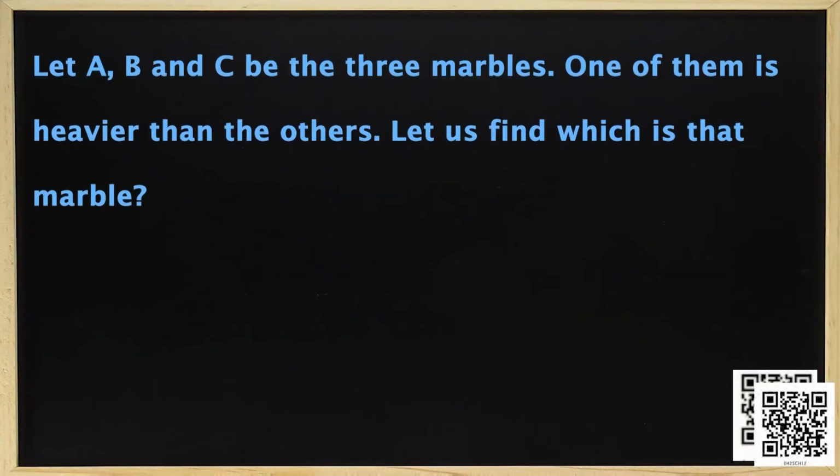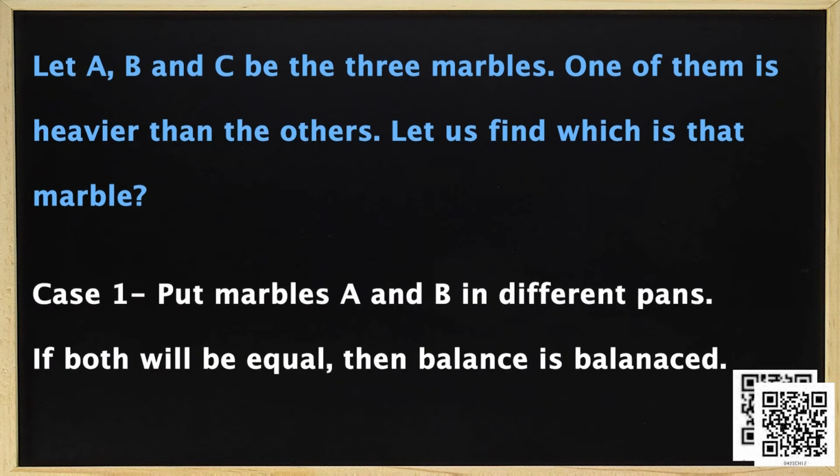Okay, I help you. Let A, B and C be the 3 marbles. One of them is heavier than the others. Let us find which is that marble. Put marbles A and B in different pans of the balance.